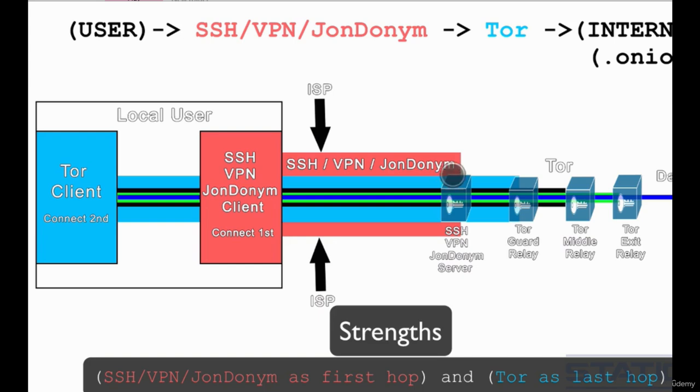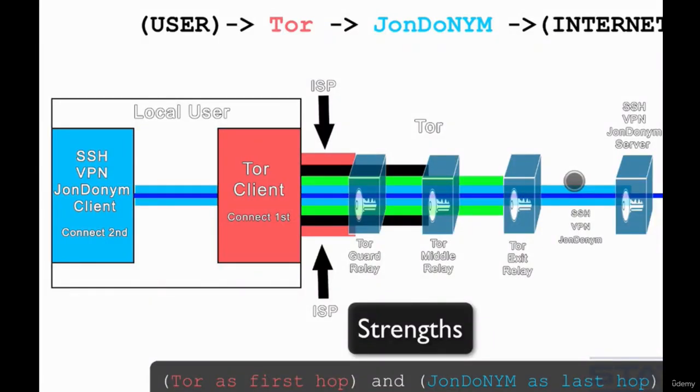In this process the user goes to TLS by the use of VPN, SSH, or JonDonym, and finally Tor, then internet.onion, with VPN as first hop here and Tor as last hop.